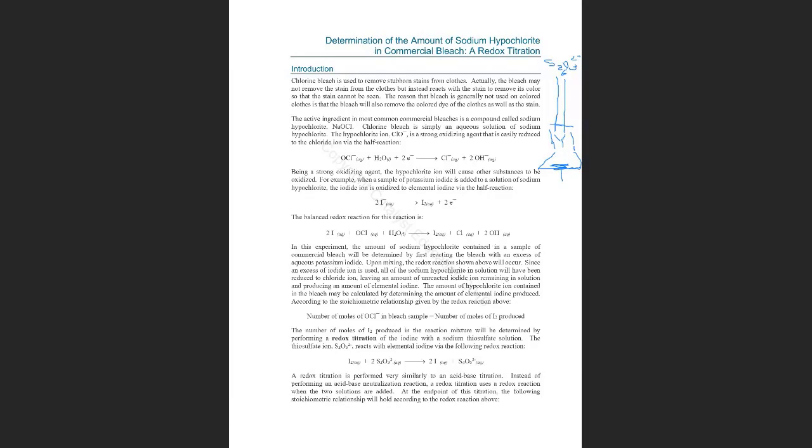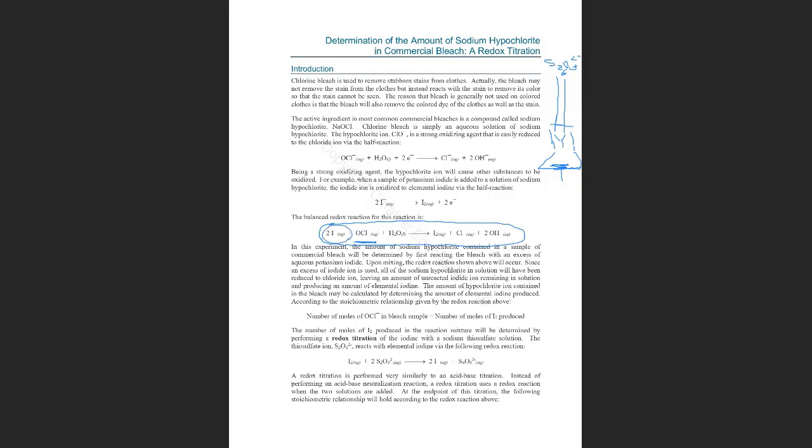So we first react the bleach with excess of potassium iodide. Let's look at this reaction. This is the active ingredient in the bleach, hypochlorite, and we make a reaction with excess of potassium iodide here.